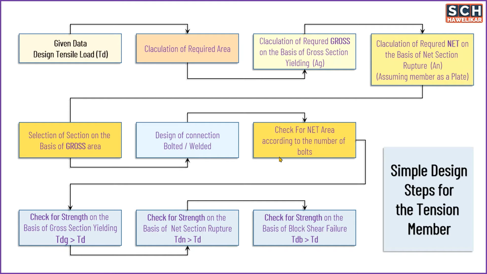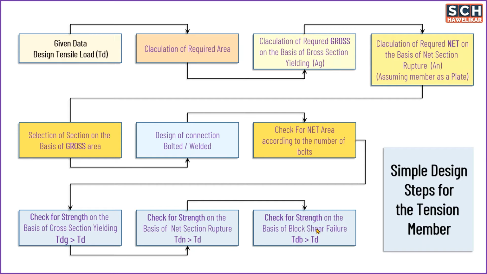After this step, the last step will be the check for the strength. Now we have selected the section, but we need to check whether the selected or designed member is capable of bearing a load equal to the design tensile load.